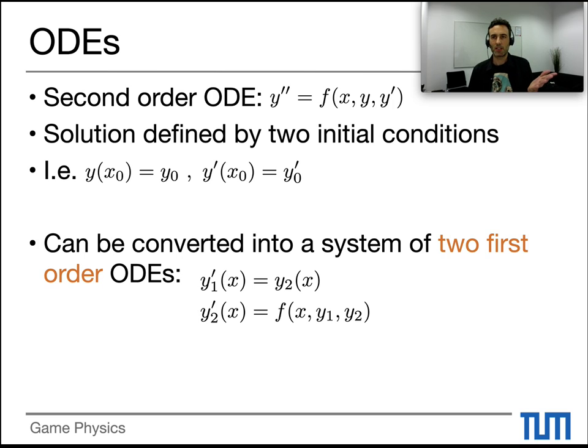It's a bit like what I showed before. You can first integrate the acceleration, and then integrate the velocity over time to get the position. You can also do this for any higher order ODE.